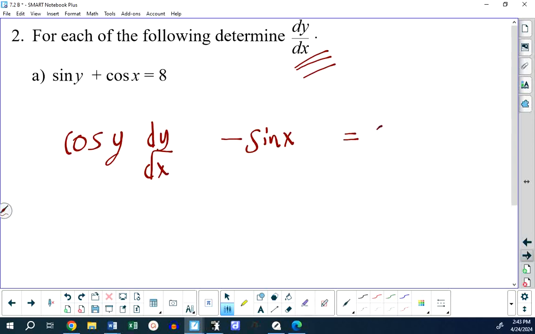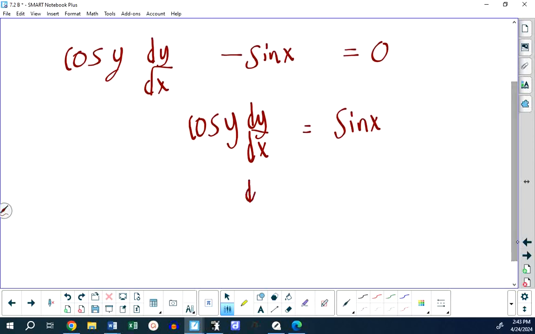Simple problem. Rearrange for dy/dx. Move the sine x to the other side where it becomes positive. So dy/dx equals sine x over cosine y.